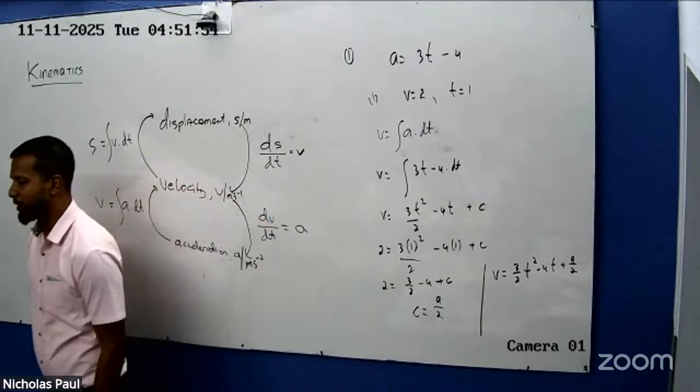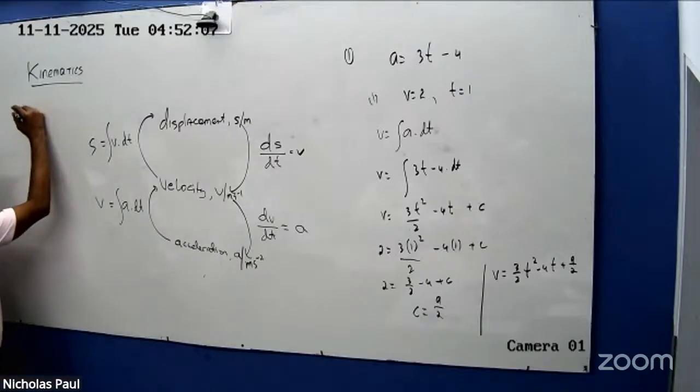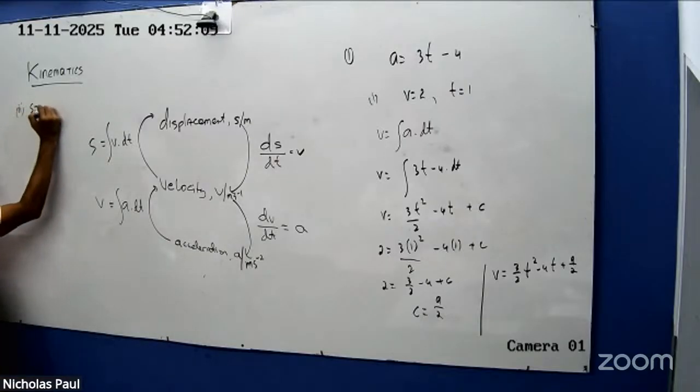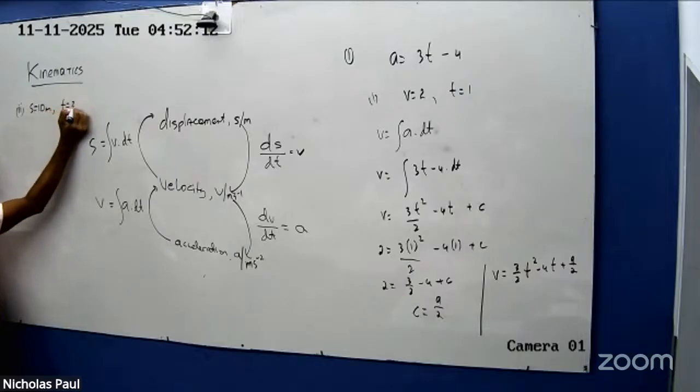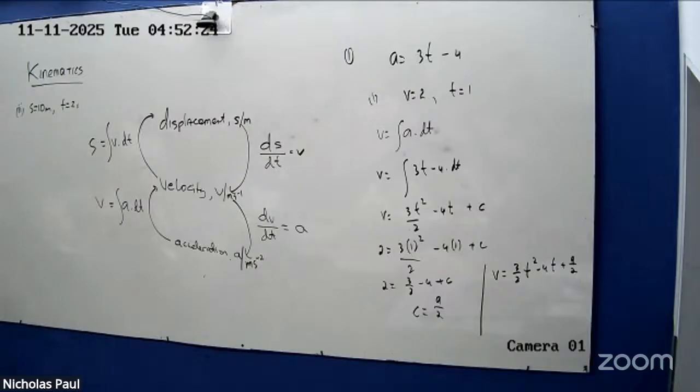Find an expression for displacement, given that S is equal to 10 meters when T is equal to 2 seconds.